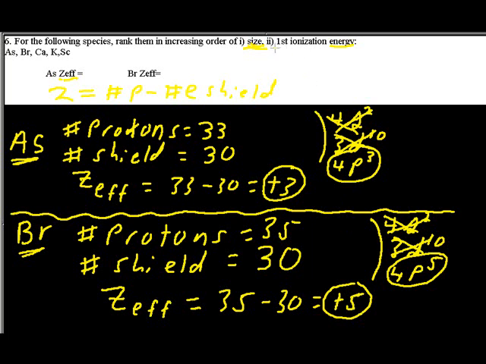When it comes to ionization energy, the difficulty in stripping away an electron, bromine would have a greater ionization energy because it's harder to pull away the outside electron because it's held on stronger, +5, than arsenic is, which is a +3.